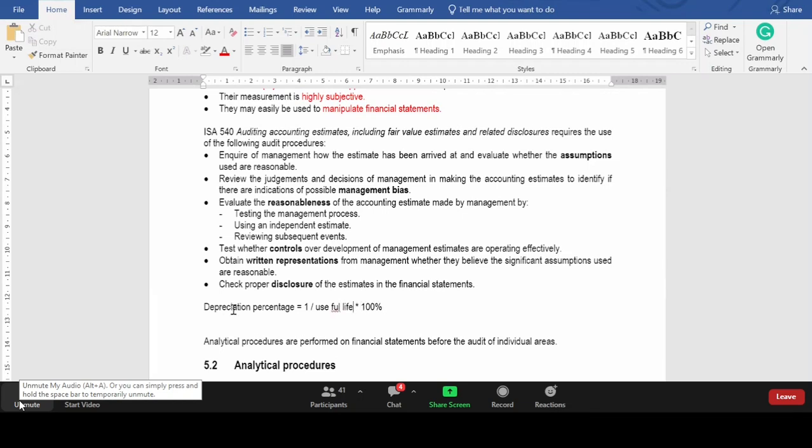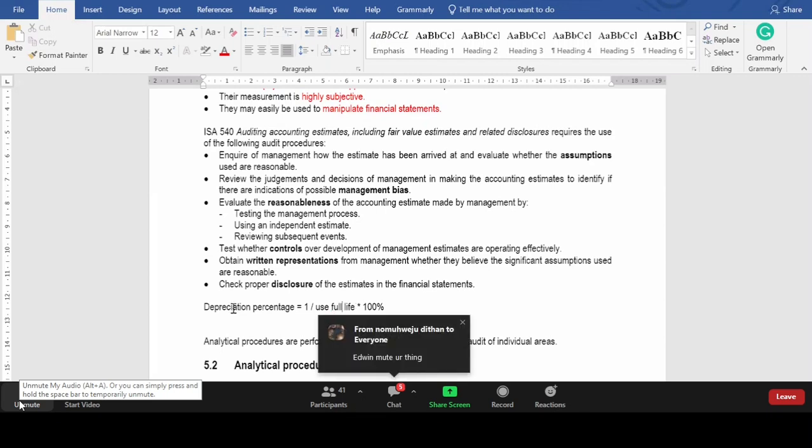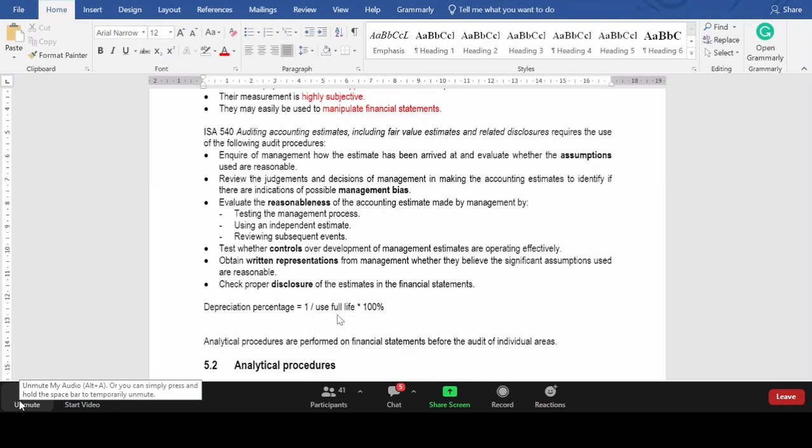So if the percentage is 40, how many years are they? How many years has URA given the asset? You work backwards here using this formula. You make it the subject of the formula and get the number of years. 40%. How many years? They're around 2.5 years, isn't it? I'm getting 2.5.